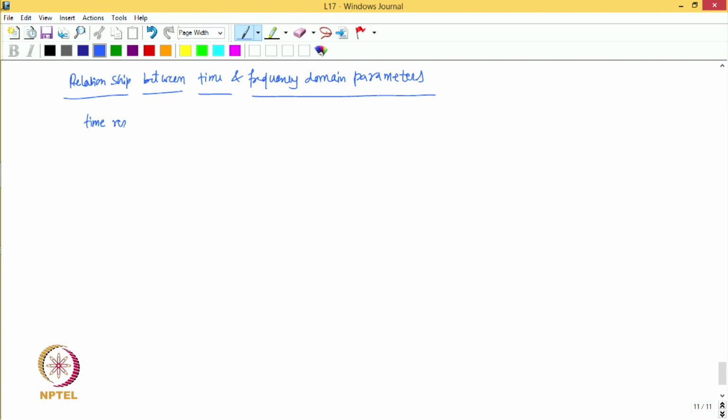The first parameter is the time resolution, which is the time interval delta t, and this is equal to 1 by fs, where fs is the sampling frequency in hertz.